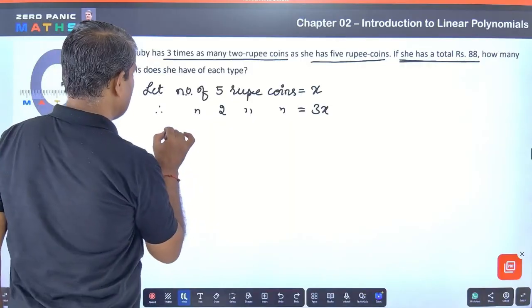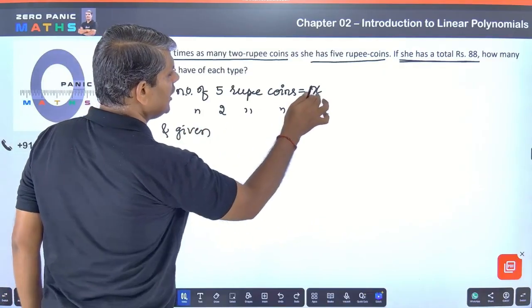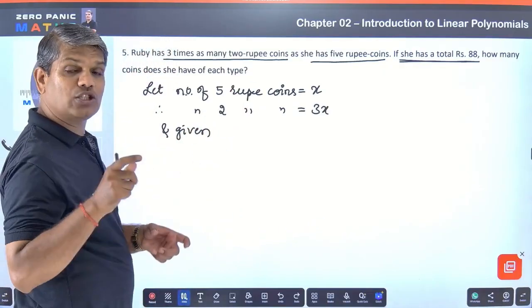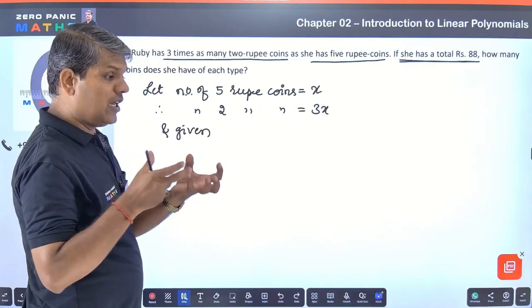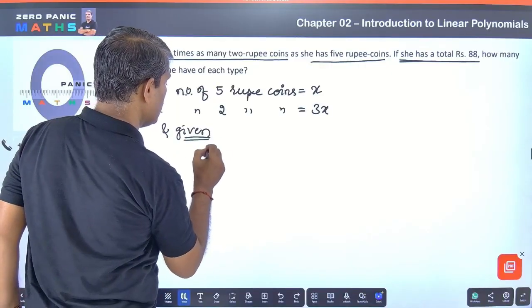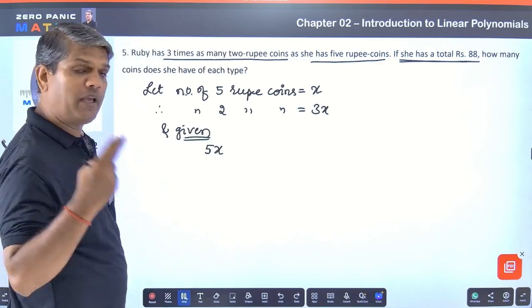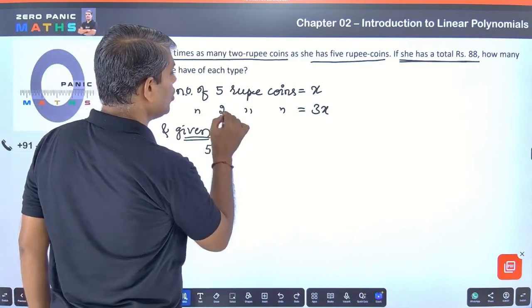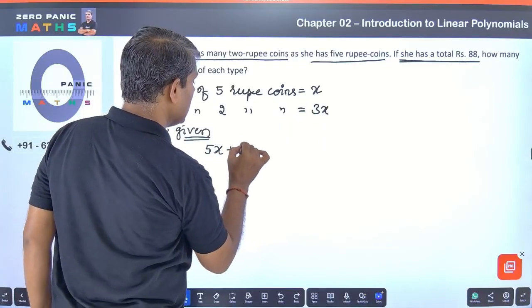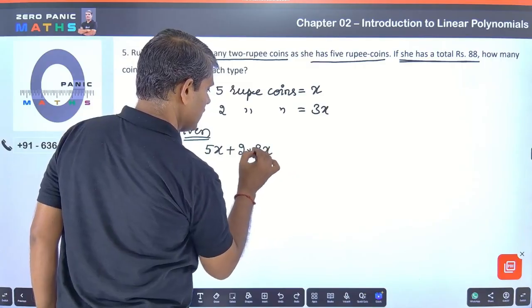Okay, what is given here is x into 5, that makes the total value of the 5 rupee coins, right? So 5 into x, that is the value with 5 rupee coins, 5x, and 2 into 3x, right? It is 2 rupees with 3x coins.